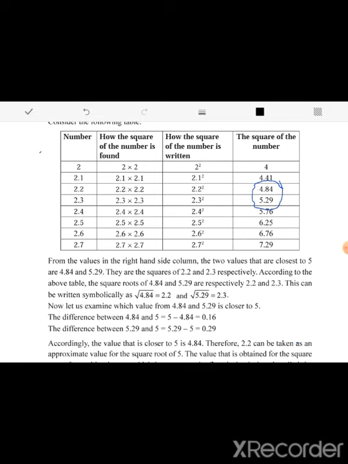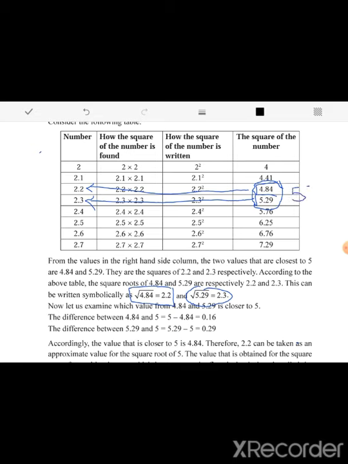So the inverse of 4.84, square root of 4.84 is equal to 2.2, right? Likewise, square root of 5.29 is equal to 2.3.